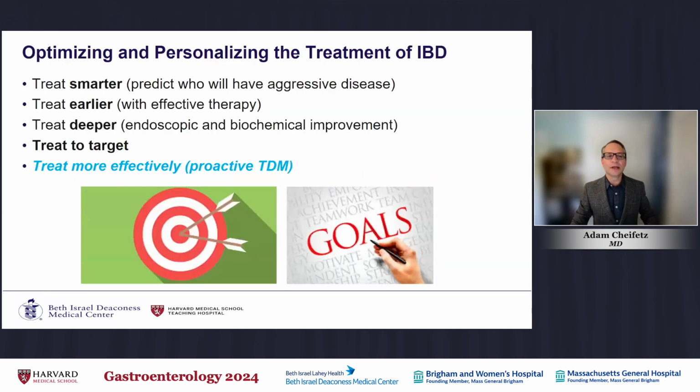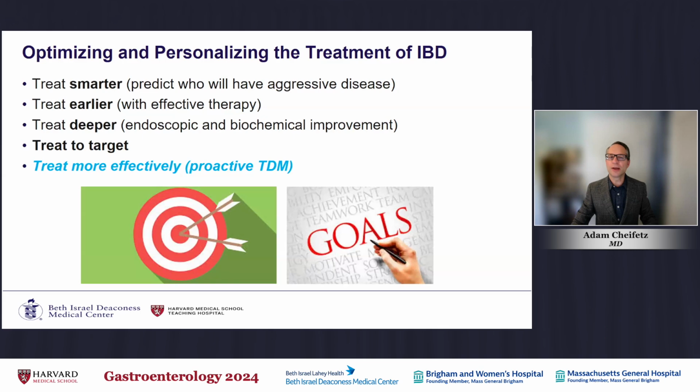So before we really get started, I want to be clear, therapeutic drug monitoring is really one part, albeit I think an important part, of our changing treatment paradigms. Other people may say it a little bit more eloquently, but really what I tell my patients and tell physicians is these days we're really looking to treat smarter, earlier, deeper, to target, and more effectively.